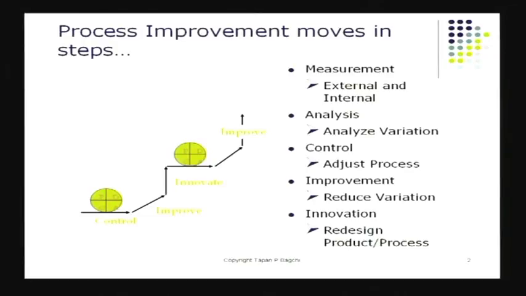If you look at the steps that this is following, I have control and improve. If you've taken care of measurement and analysis, then you'll be controlling, and you'll try to improve to a higher level of quality. To get there, generally the breakthrough procedure would be through innovation, and that would come through a process like design of experiments, for example.